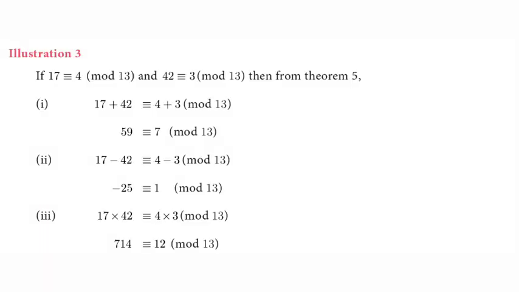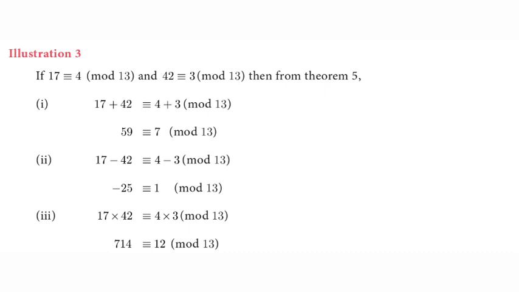Illustration 3. If 17 congruent 4 mod 13 and 42 congruent 3 mod 13, then from theorem 5, first addition theorem, LHS value 17, second one LHS value 42. 17 plus 42 congruent, both RHS is 4 plus 3, that equal to 59 congruent 4 plus 3, 7 mod 13.